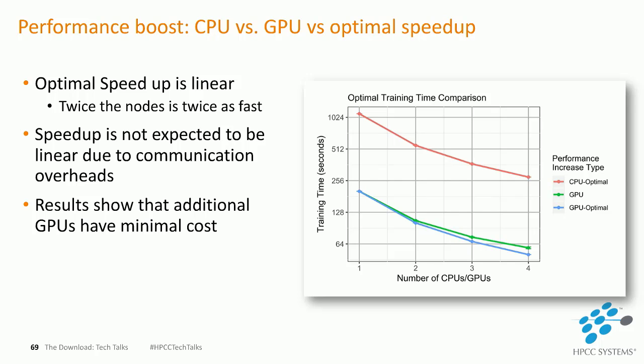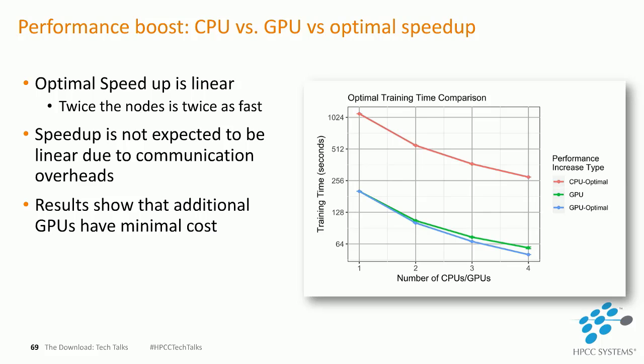This is a comparison between CPUs and GPUs, but also between the number of GPUs, as well as comparing that to the optimal speedup. When I say optimal, I mean a linear speedup. So if you use twice the GPUs, it should go twice as fast, which it won't, as we know, because of communication bottlenecks. However, you can see the blue and the green line.